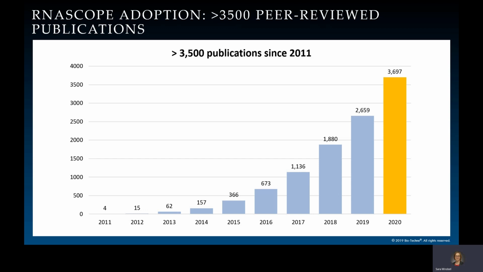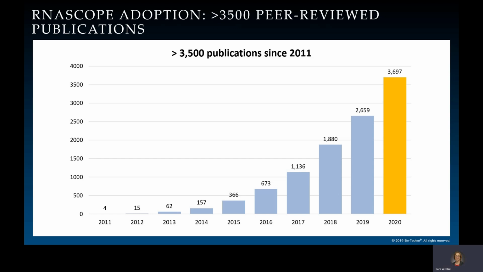So as the technique of single cell RNA sequencing has grown, so has the number of people joining both of our technologies within the tissue context, with over 80% of these single cell papers that are using both single cell RNA-seq and RNAscope technologies in very high impact journals worldwide.